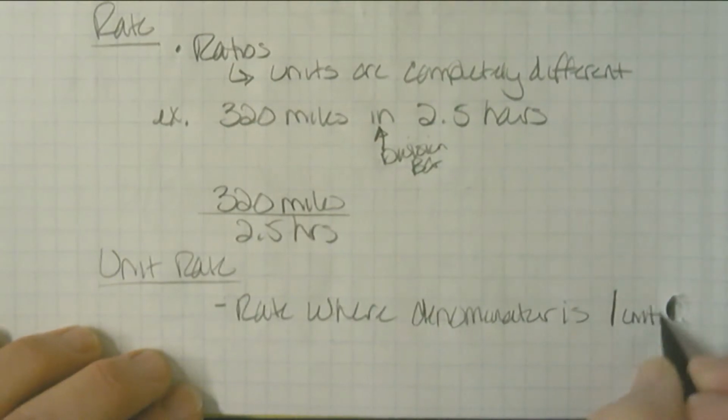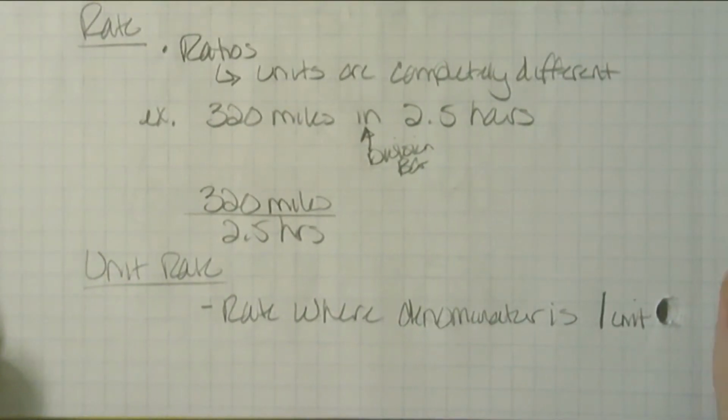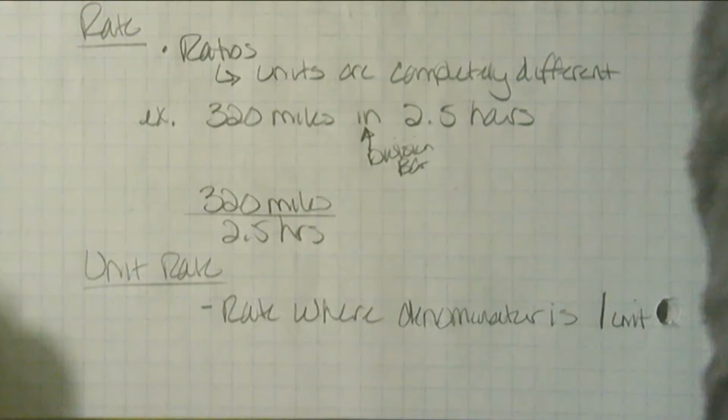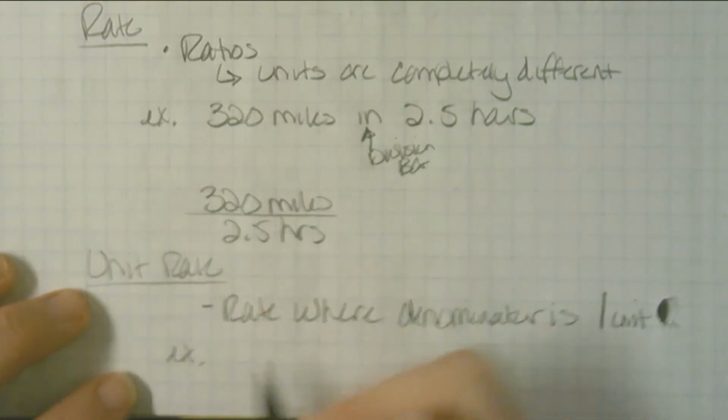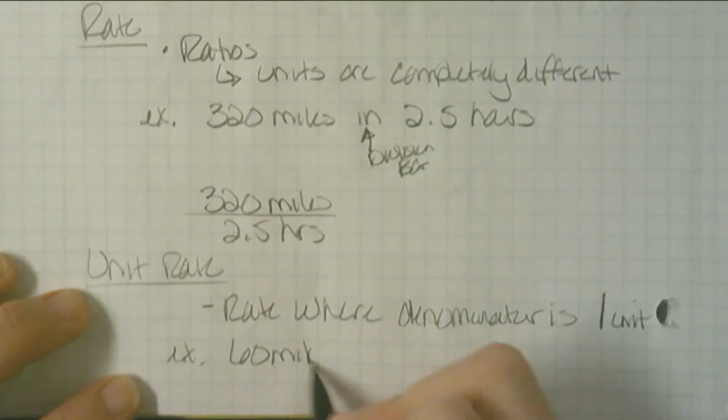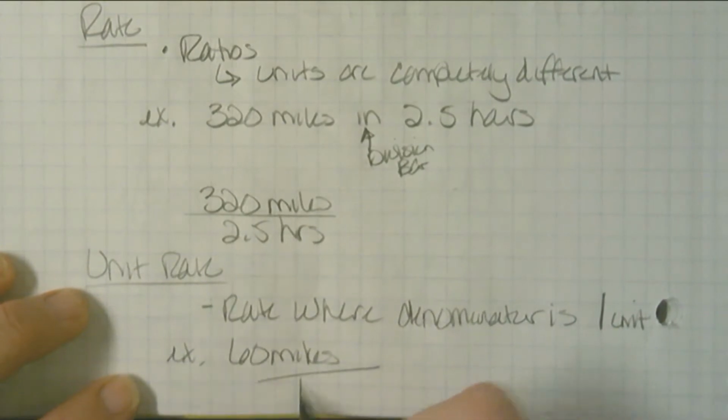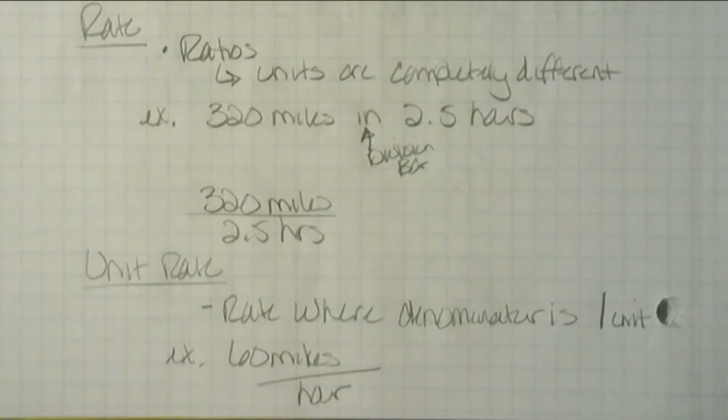So an example of a unit rate might be 60 miles per hour. That's 60 miles per 1 hour.